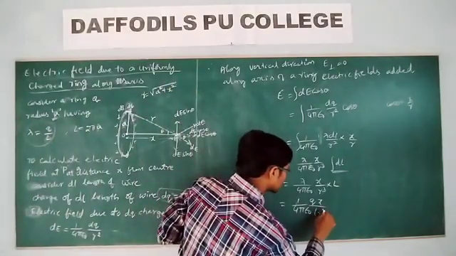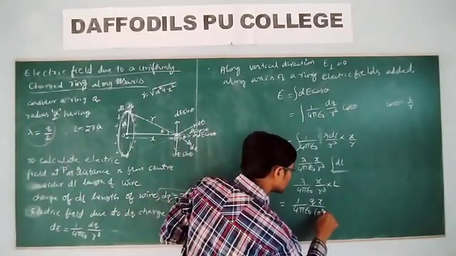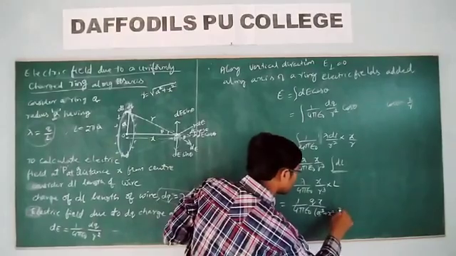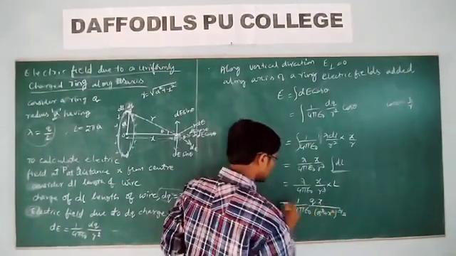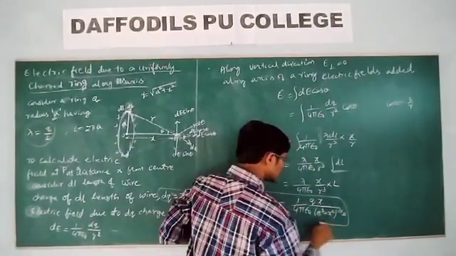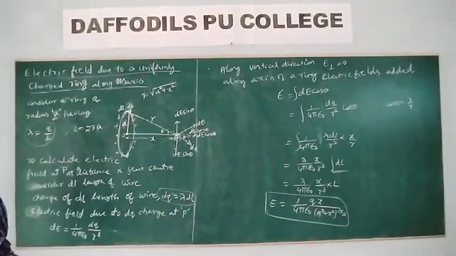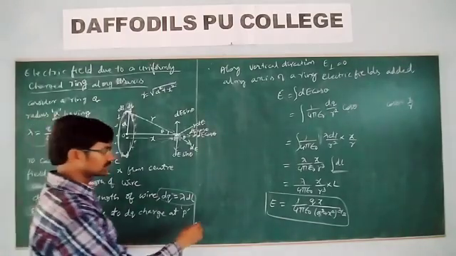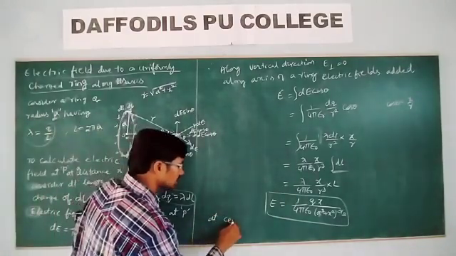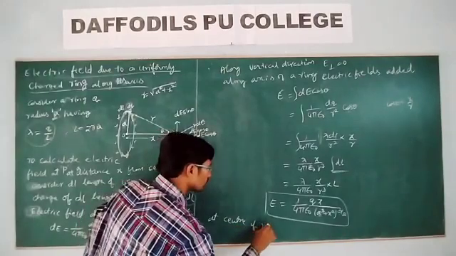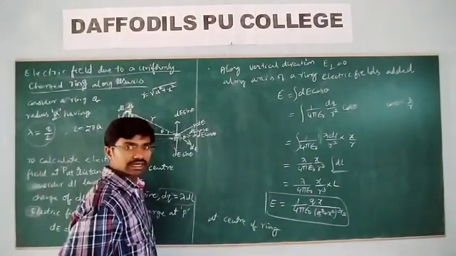Then (a square plus x square) whole power 3 by 2 is the electric field due to this ring at a distance x from the point. Is it? Now tell me, at x is equal to 0, what is the electric field? 0. At x is equal to 0 means the center of the ring.